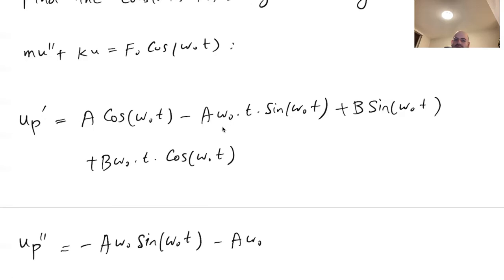The derivative of t is 1, so minus a omega naught sine omega naught t. And then the derivative of sine omega naught t, by the chain rule, is omega naught cos omega naught t times the rest. So it's going to be minus a omega naught squared t cos omega naught t.